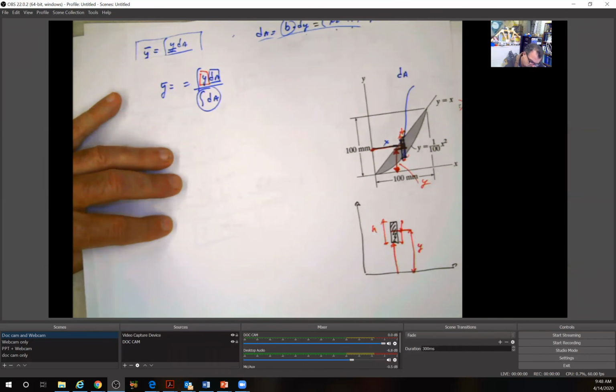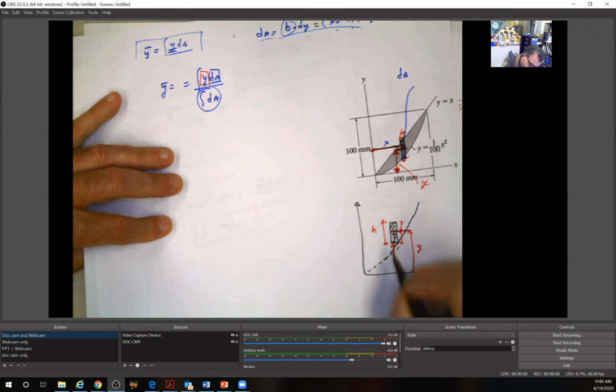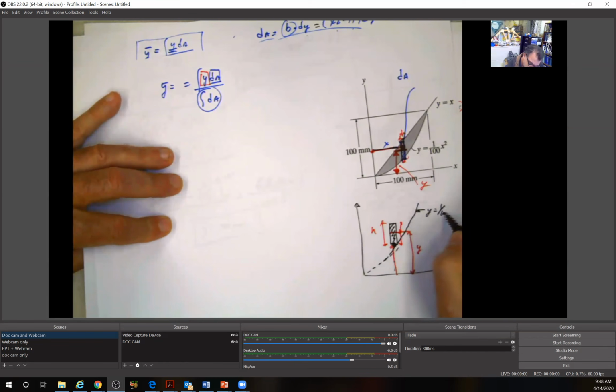Let me put it here. This distance, whatever you have here, y, is going to be the value for y plus h divided by 2.